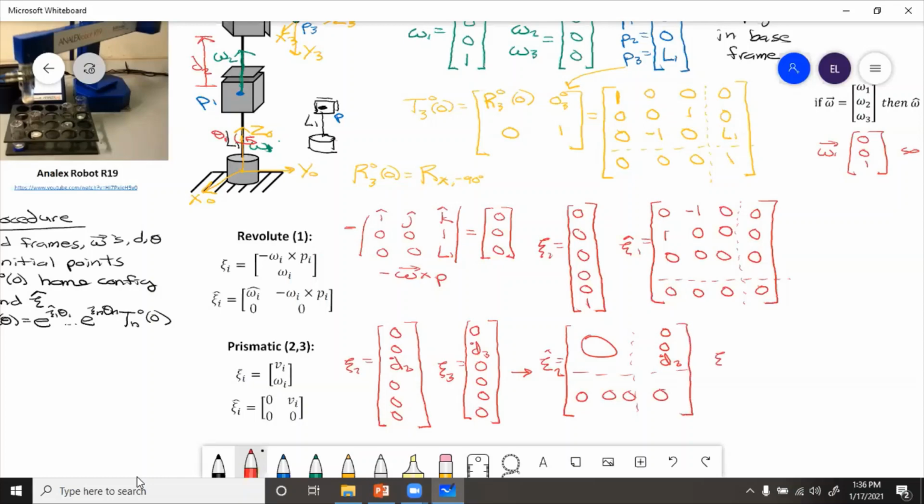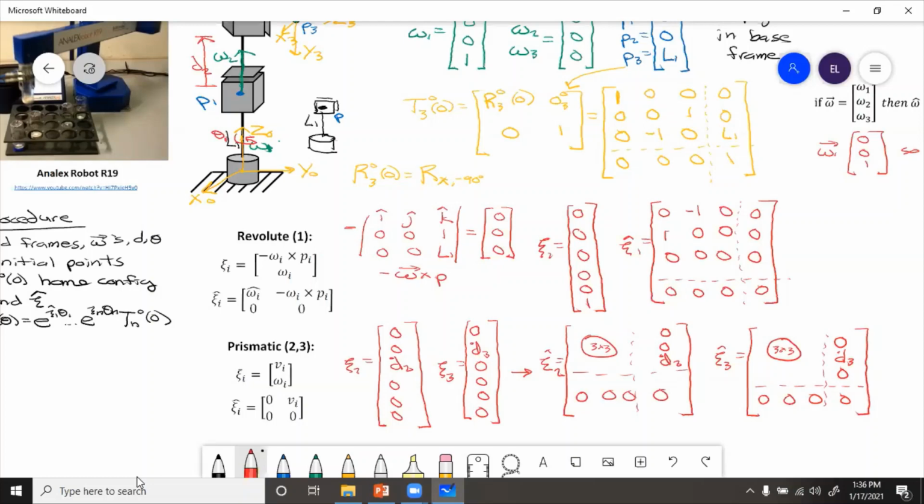And then squiggle hat 3 is also going to be 3 by 3 zeros. 0, 0, 0, 0 in the bottom, and then 0, D3 dot, 0. So now we have the twists.